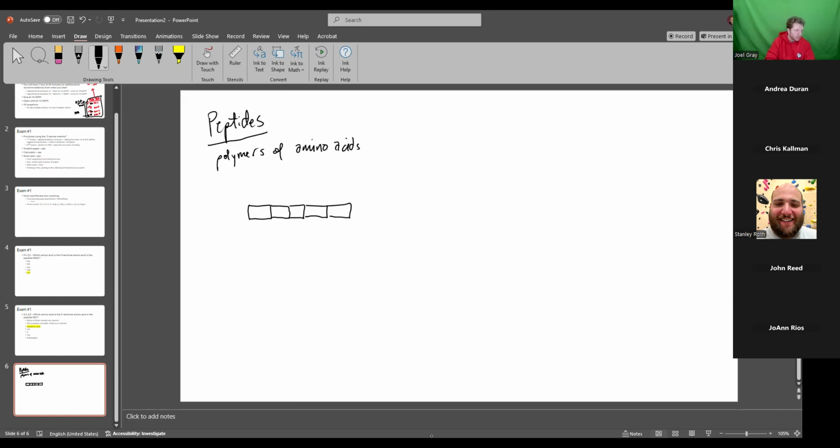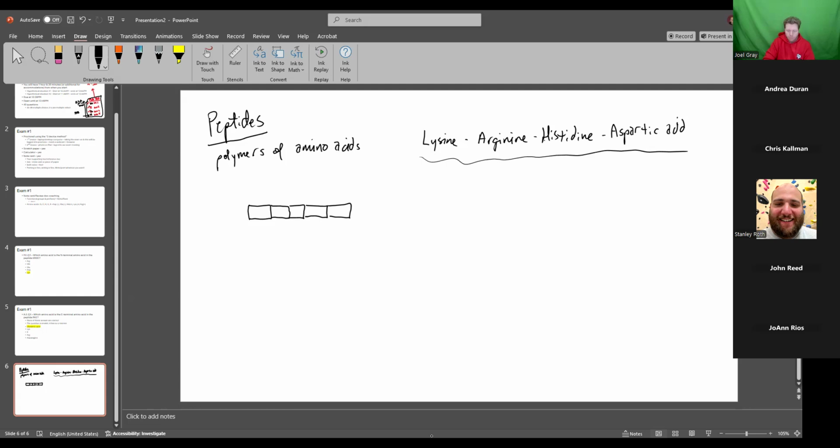So let's say lysine, arginine, I'll go with histidine, and I'll stop it at aspartic acid. So this would be a chain made up of four different amino acids.